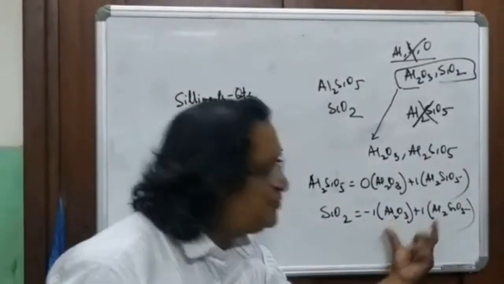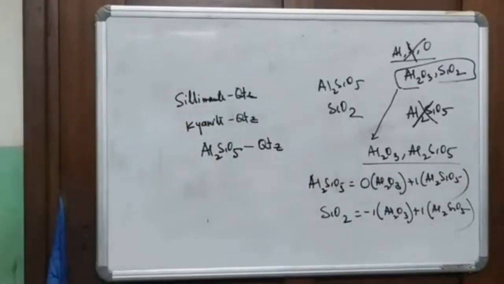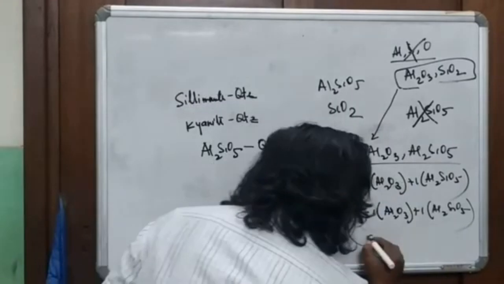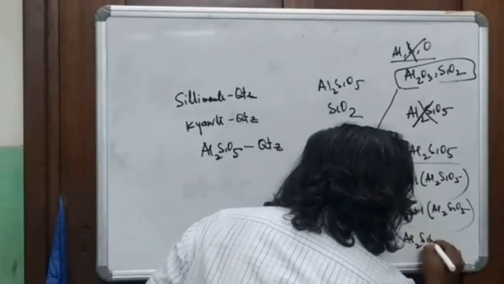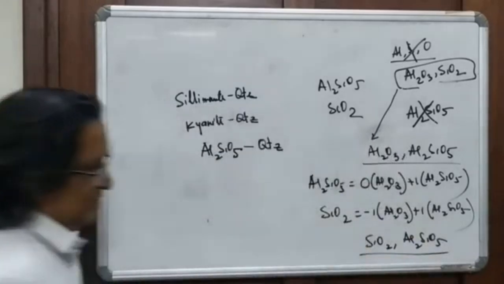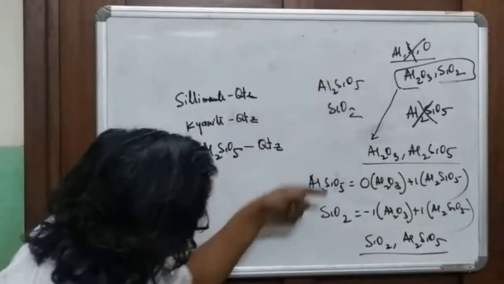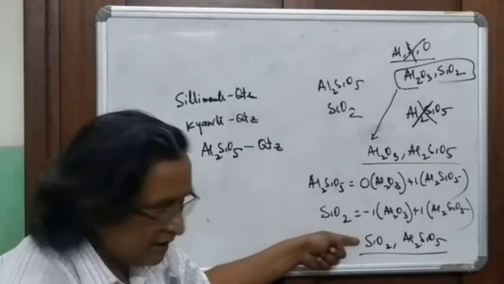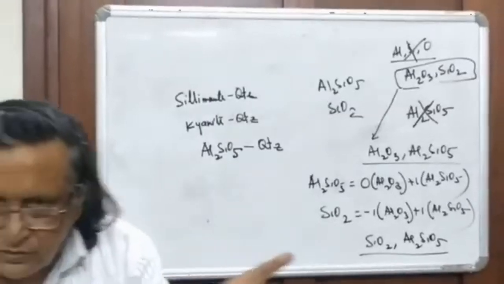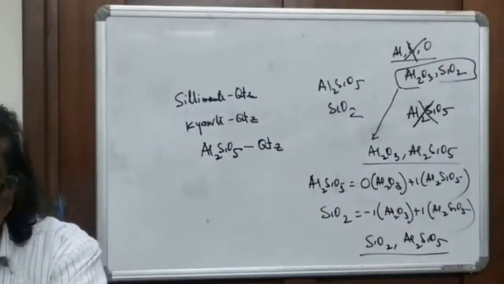So here also 2 components. This is equally valid. Also equally valid is SiO2 and Al2SiO5. All these three are correct, so long as the number is 2.